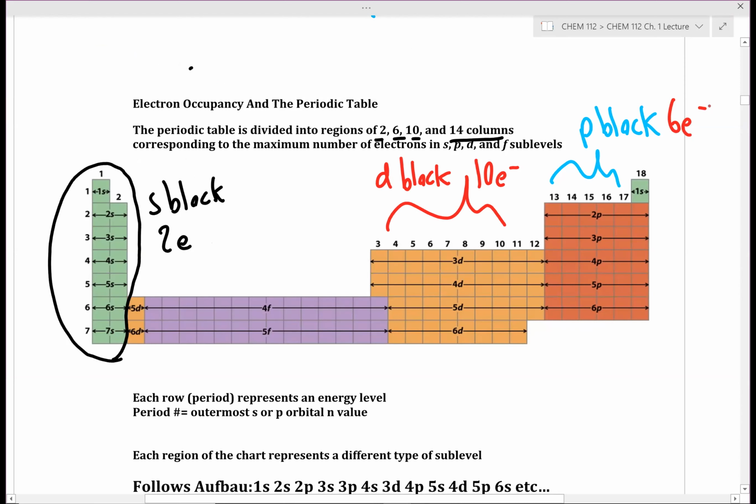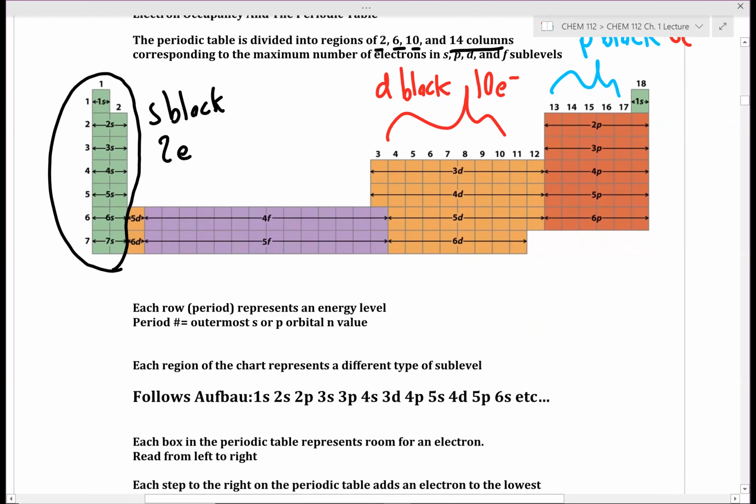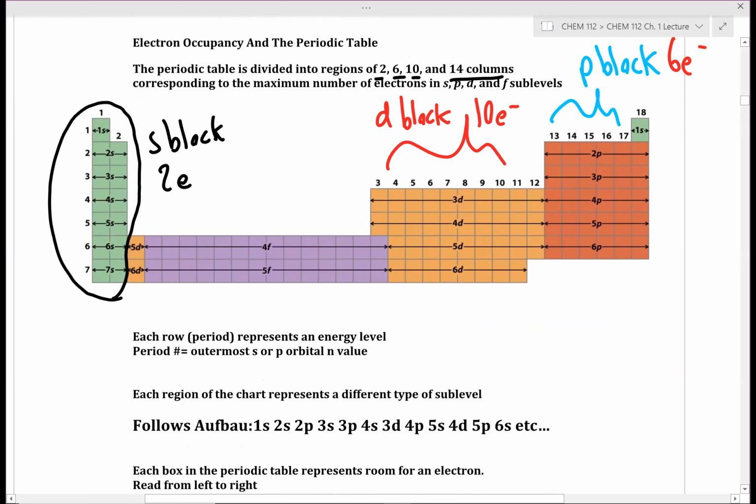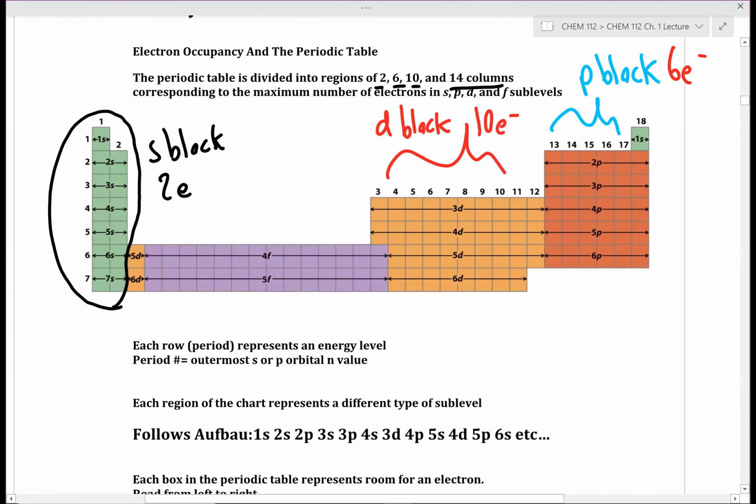Now, as additional interest to us, each row in the periodic table represents an energy level, or a shell, or a region with a unique principal quantum number. So the period number describes the outermost s or p orbital n value.